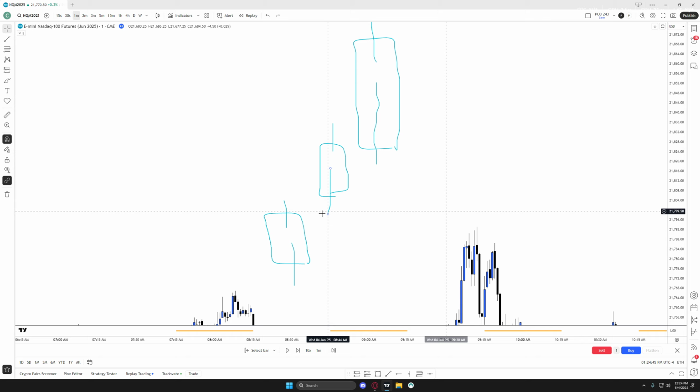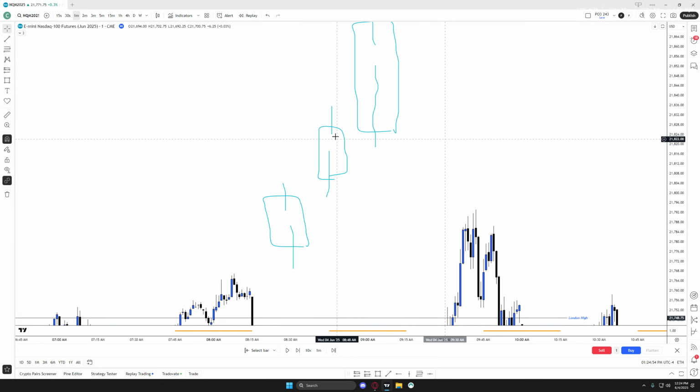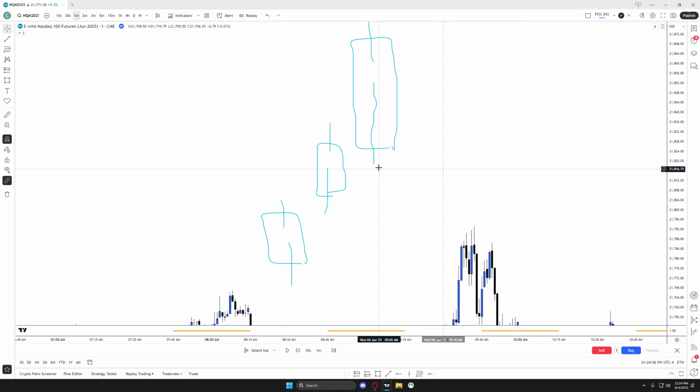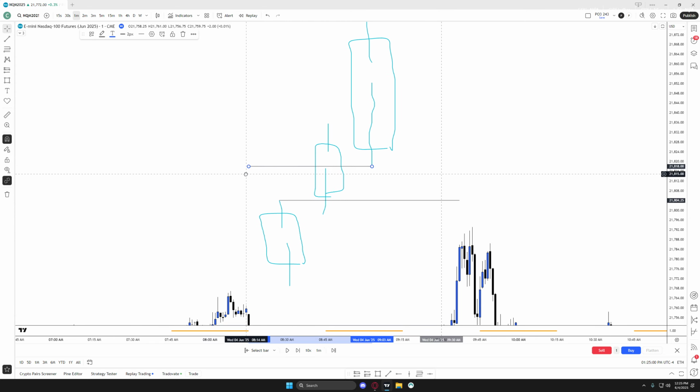What makes it a fair value gap is there's a gap between candle number 1 and candle number 3. 1, 2, 3. There's a gap. This wick and this wick do not touch each other. So all of this stuff in here is the fair value gap. We could draw a rectangle between these levels, and that's our fair value gap.